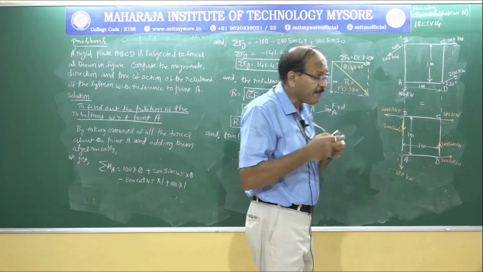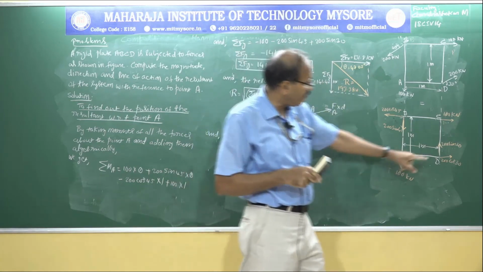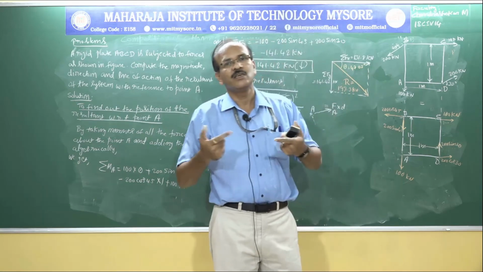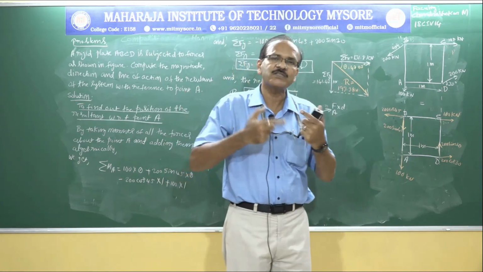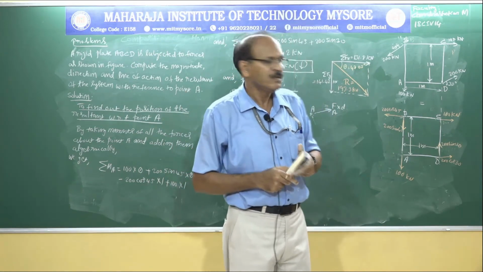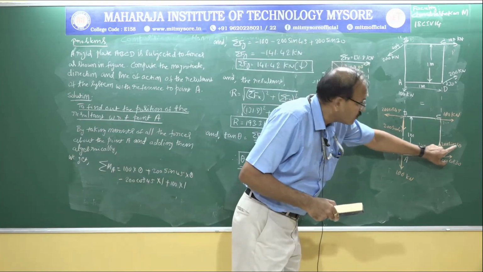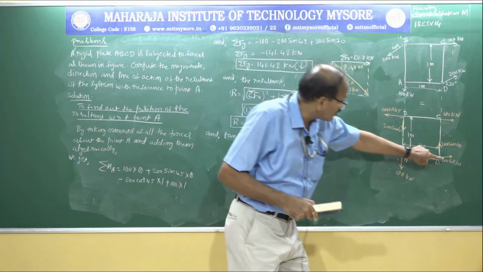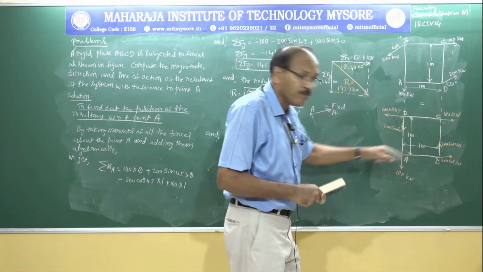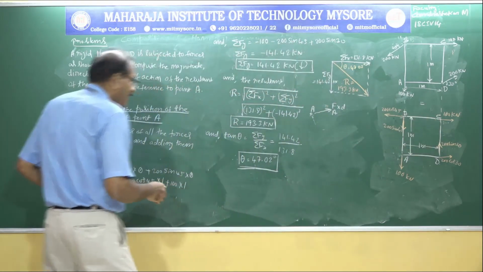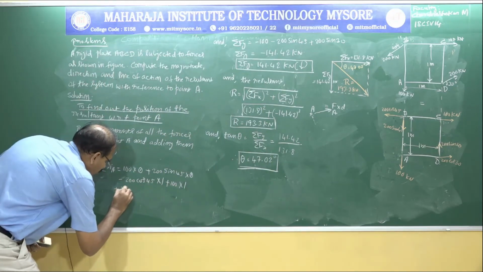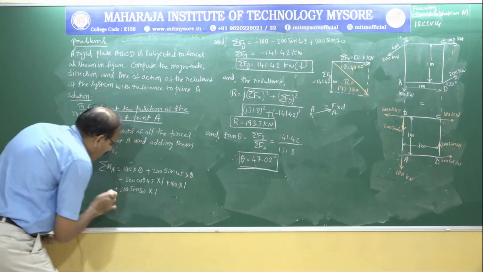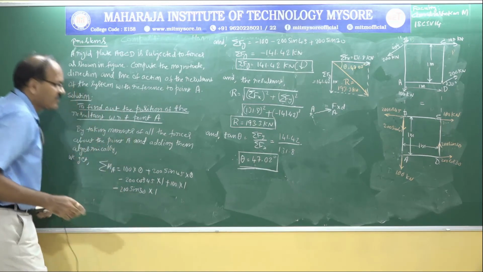Again, I am repeating: whenever we multiply a force by a distance, that becomes a moment. You must think in terms of clockwise or anti-clockwise. So coming back to this, 200 sine 30 multiplied by 1 causing an anti-clockwise moment about the point A, plus 200 sine 30 multiplied by 1 with minus sign.